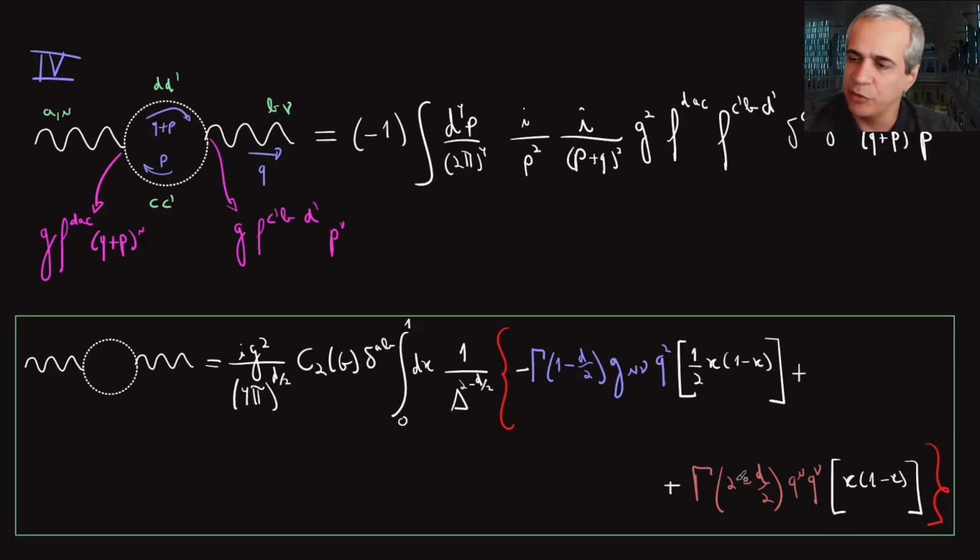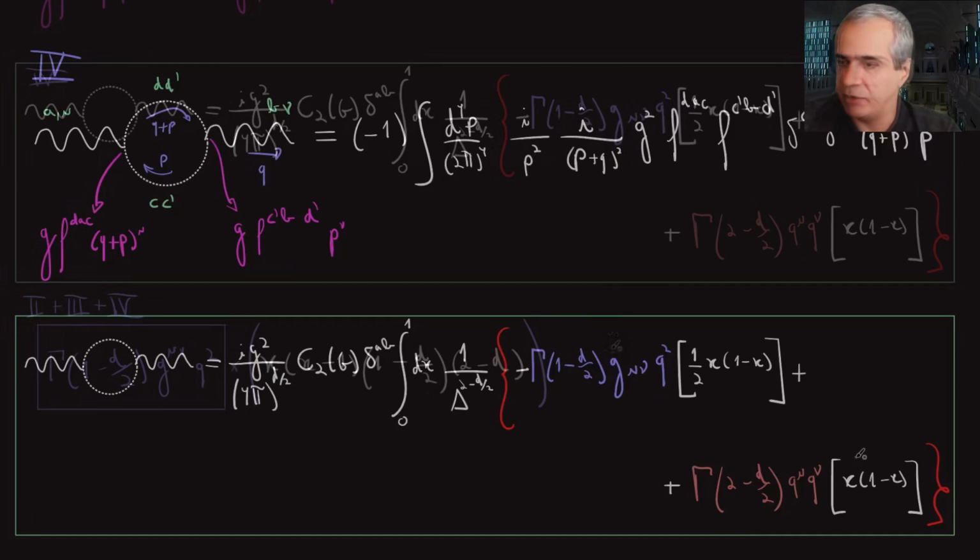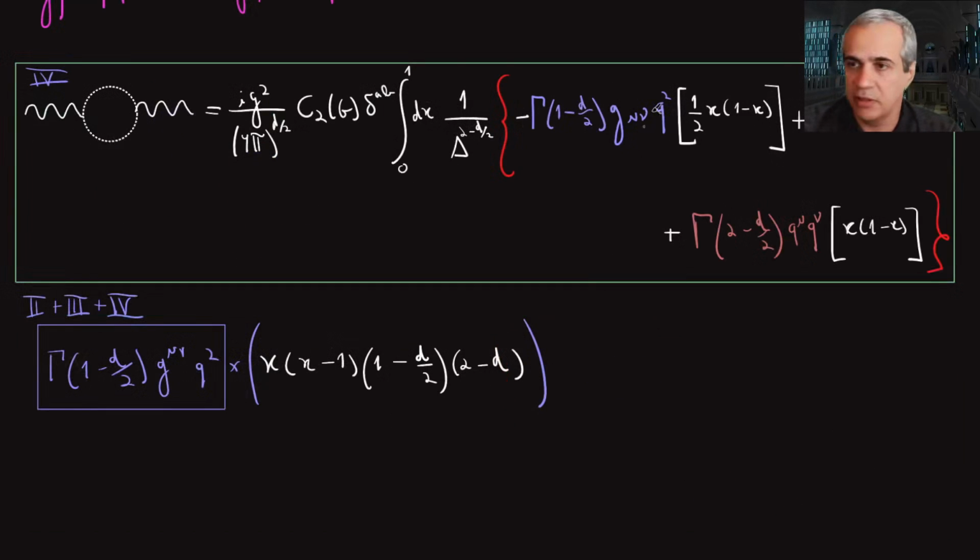So now what I have to do is add these factors to the ones I had before and see what happens. We start with the first structure in blue here. This is what we get if we add this new contribution to what we had before, so it is the sum of loops 2, 3, and 4. Just do some algebra and you get to that.